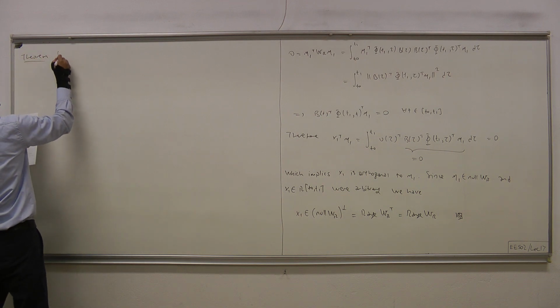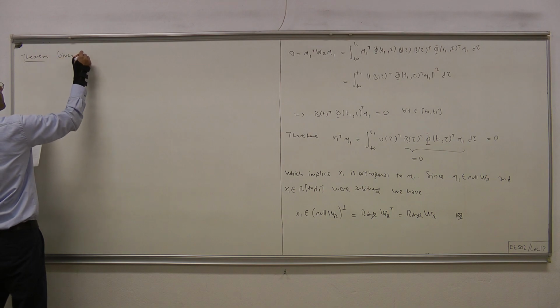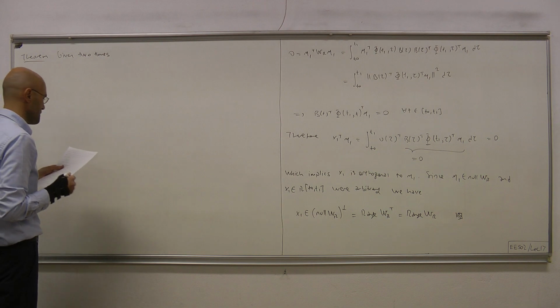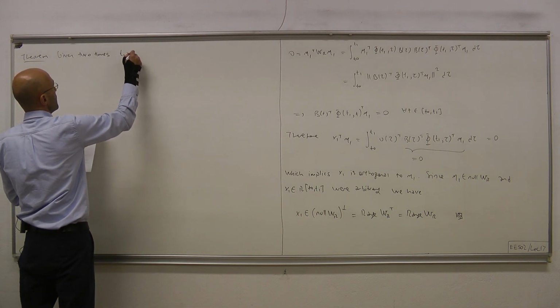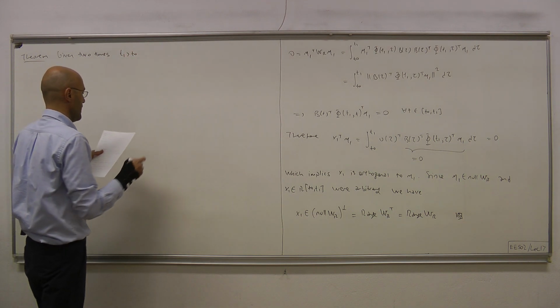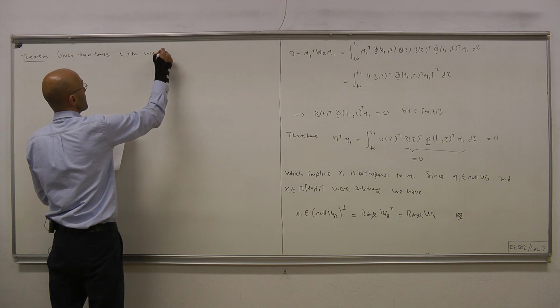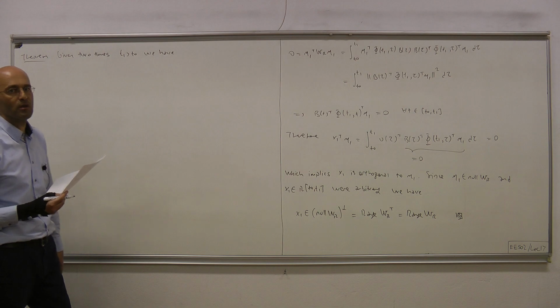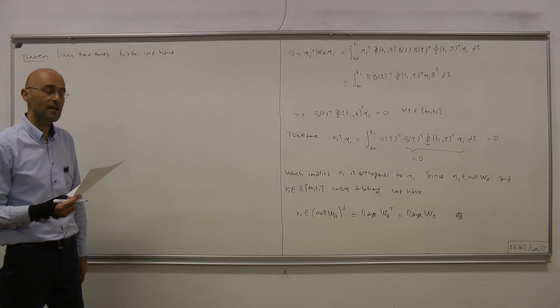Given two instants, T1 and T0, we have the following relation between the controllable subspace and controllability Gramian.